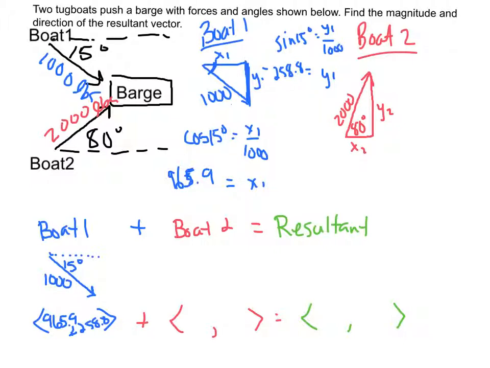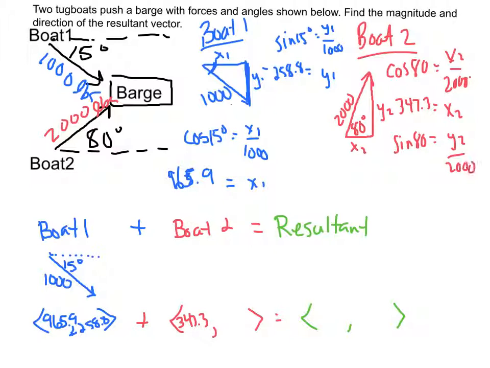So to find x2, we're going to use cosine. Cosine of 80 equals x2 over 2,000. So we'll type that in, cosine 80 times 2,000, and we get 347.3. And then to figure out the y component, we're going to do sine of 80 equals y2 over 2,000.